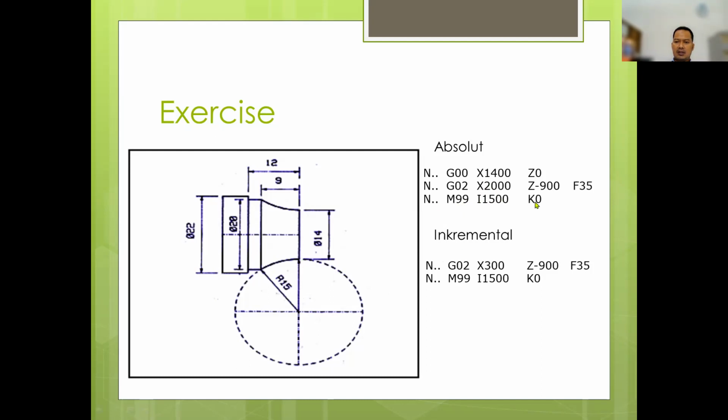So this distance is 0 because the position of K coincides with the center point. You just see the absolute, because we have 2 types of programming: absolute and incremental.